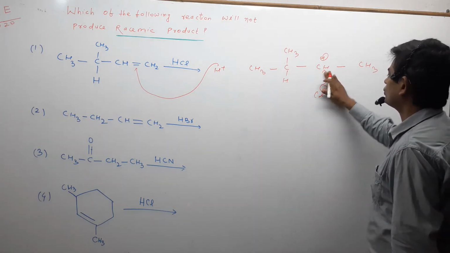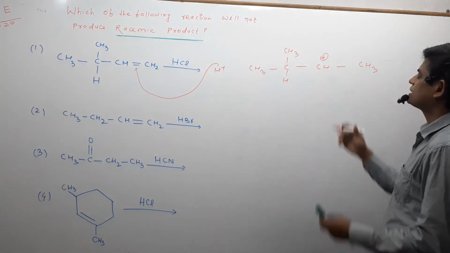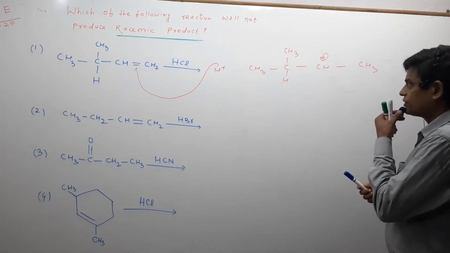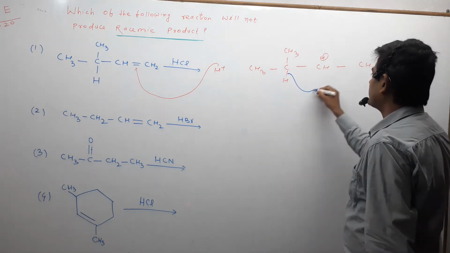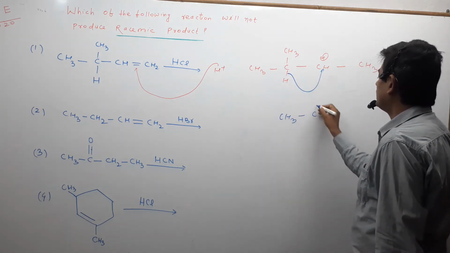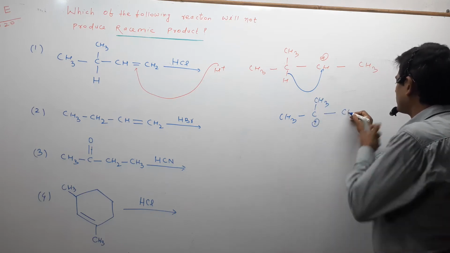will attach. Sorry, actually this is a secondary carbocation, so it will form a more stable carbocation. We can see that when this hydride shifts to this carbon, it will form a 3-degree carbocation.